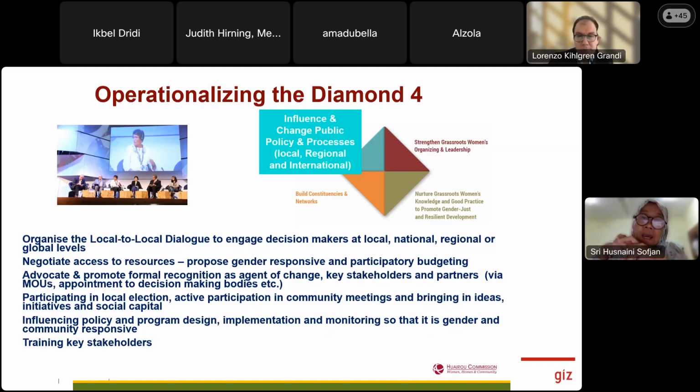They are now recognized as agents of change. And last but not least is bringing their voices and representation into big public and policy spaces. For example, at the World Urban Forum, we make sure that grassroots women speak for themselves. The World Urban Forum has grassroots assemblies, women's assemblies, and different assemblies.